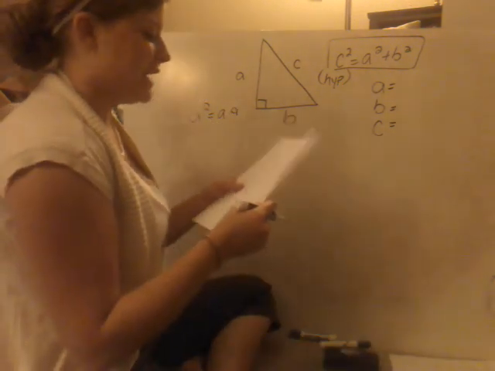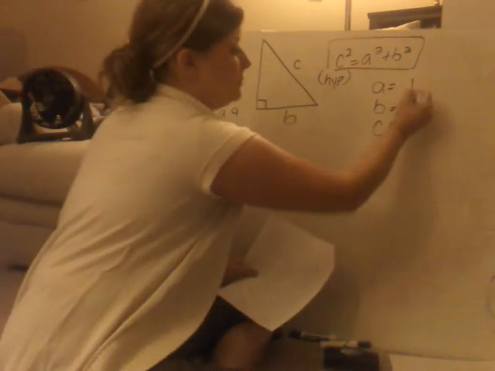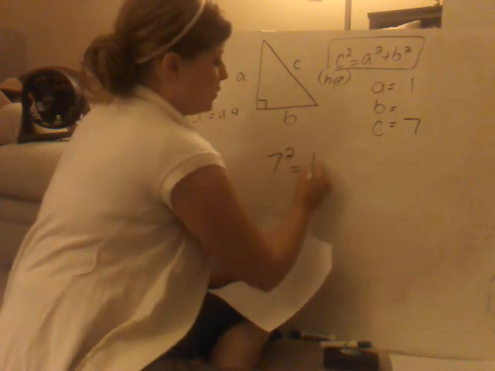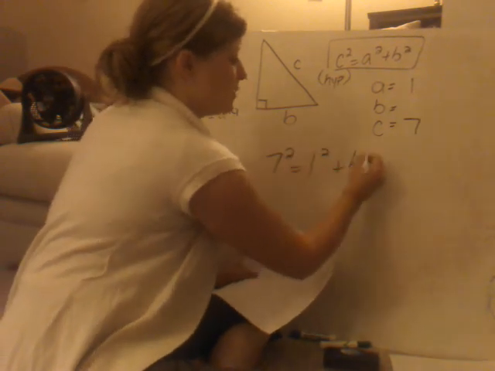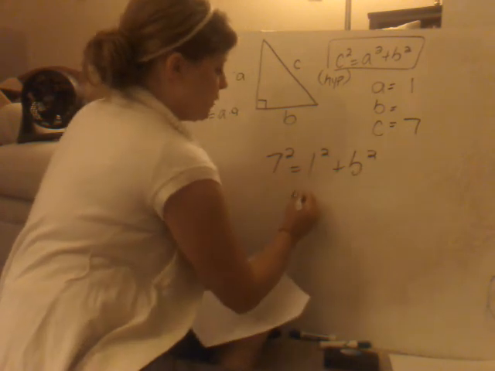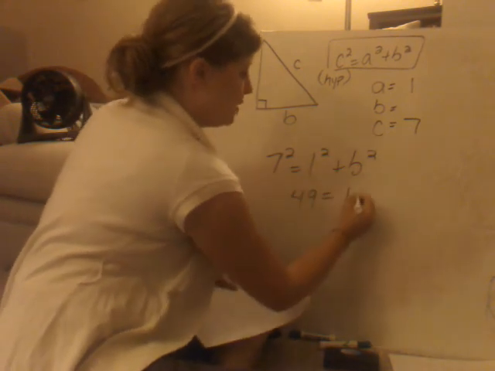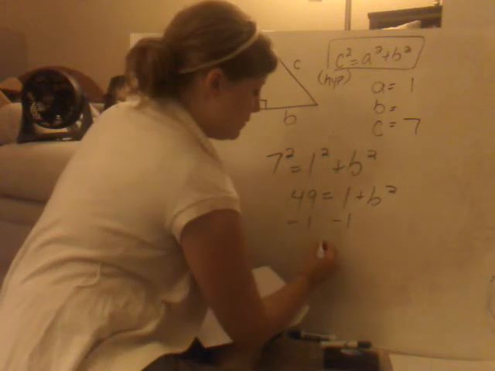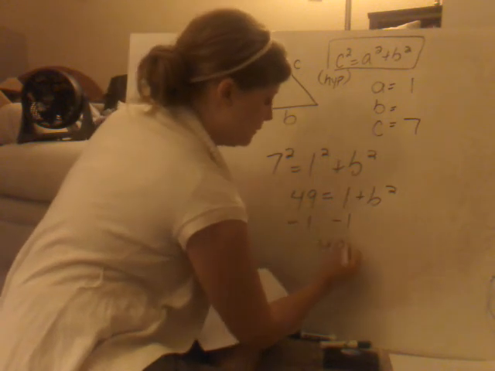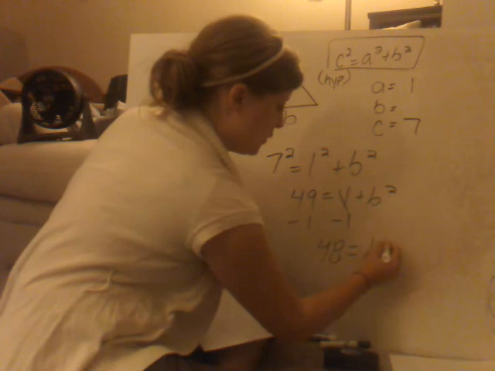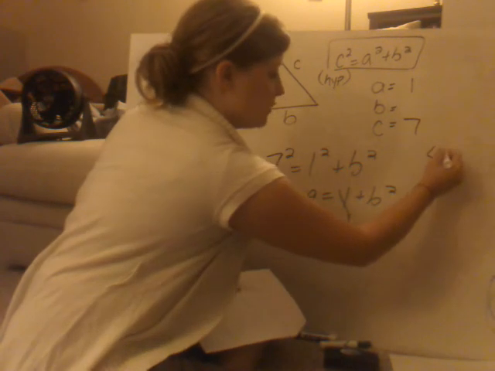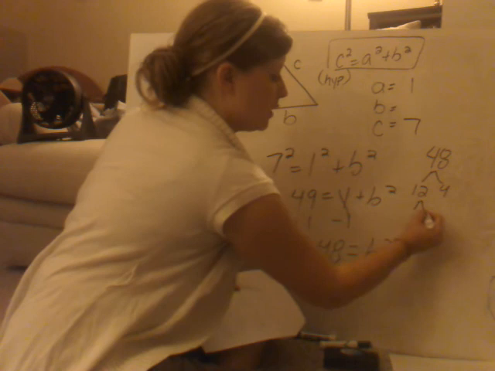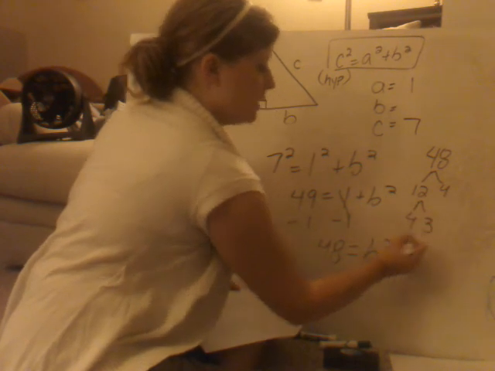Okay, so number 16, I tell you that A is equal to 1 and C is equal to 7. So I have 7 squared is equal to 1 squared plus B squared. That means 49 is equal to 1 plus B squared. I subtract my 1. 48 is equal to B squared. So I make my factor tree over here for 48. That's 12 times 4. 4 times 3.